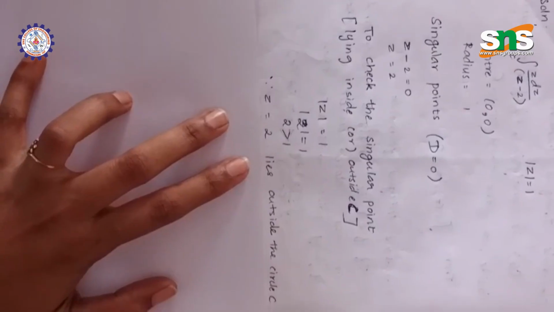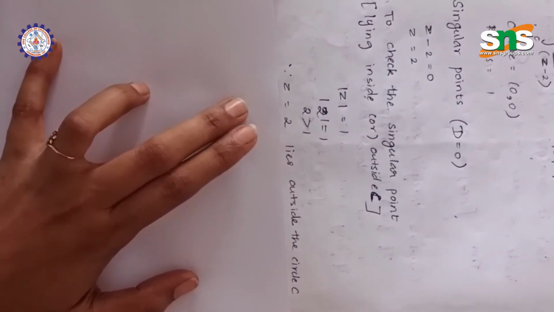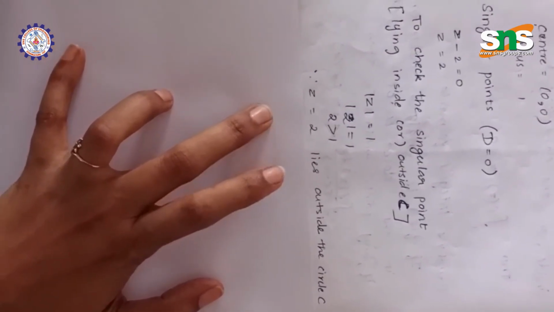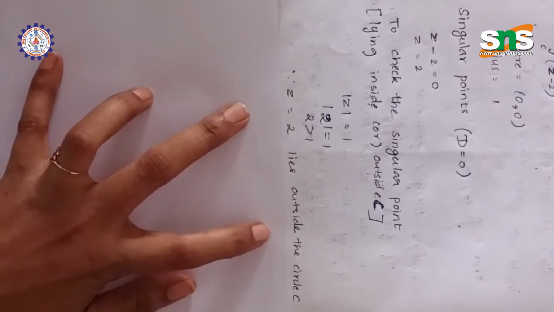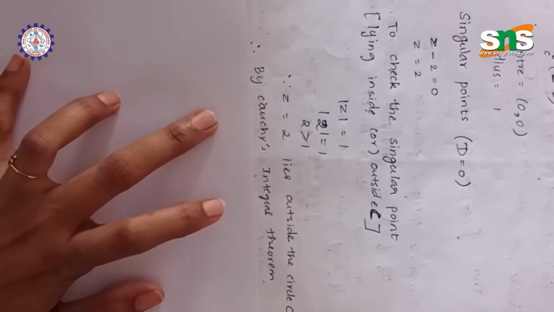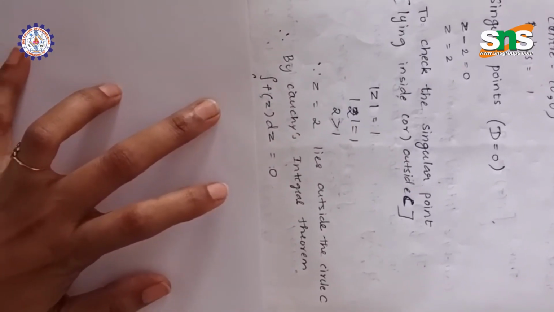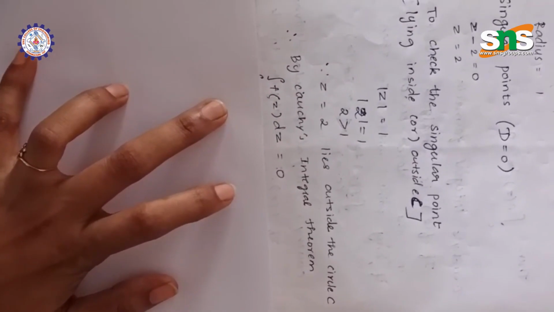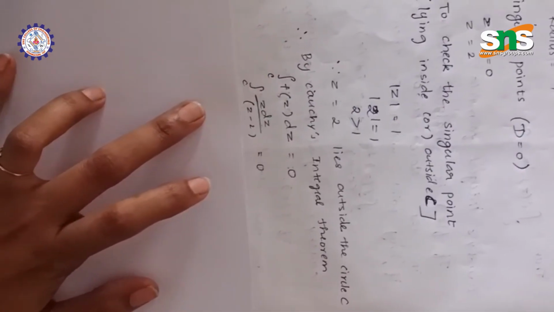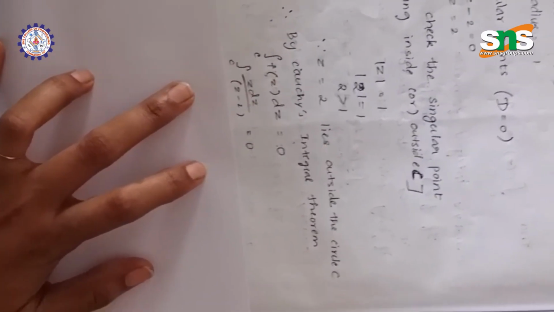Therefore z equal to 2 lies outside the circle C. Since the singular point lies outside the circle C, we can use Cauchy's integral theorem. So by Cauchy's integral theorem, integral over C z dz divided by z minus 2 is equal to 0. So our integral value is 0.